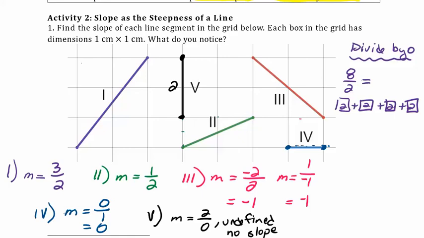You could think of division as repeated subtraction also. How many 2's would I have to subtract in order to get to 0? I'd have to subtract 1, 2, 3, 4 2's to get to 0.